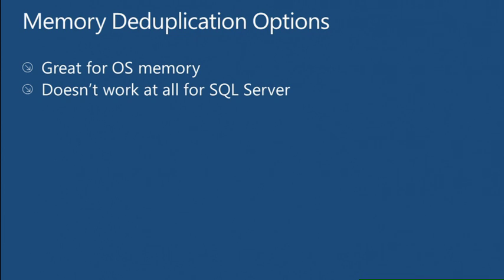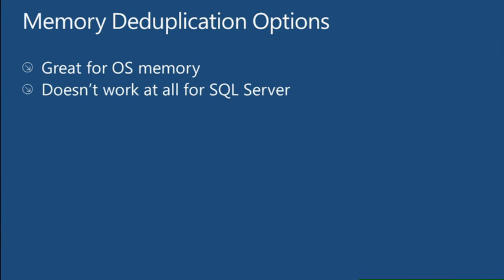So what the host platform does is it looks at the data that's in memory, and it grabs hashes of all of it. If it sees that the same 4K page is in memory, it'll simply take those 2 pages, discard one of them and put a pointer into the first one, simply saying, use this memory over here, and we're done. We don't need to really do anything else at that point.